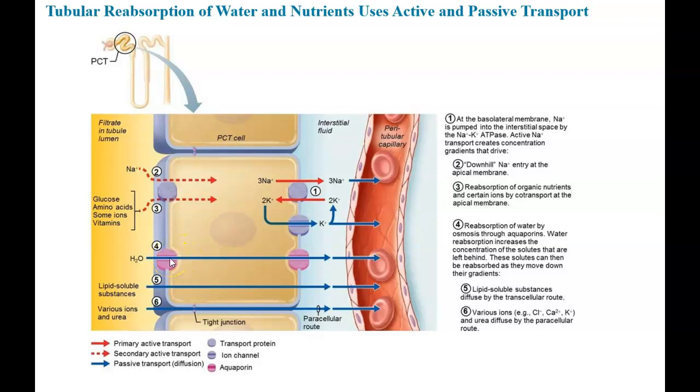And so water reabsorption increases the concentration of the solutes that are left behind, and these solutes can then be reabsorbed as they move down their concentration gradients. So that would be like lipid-soluble substances or various ions and urea.